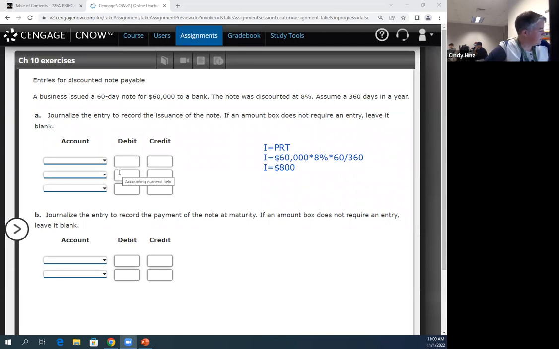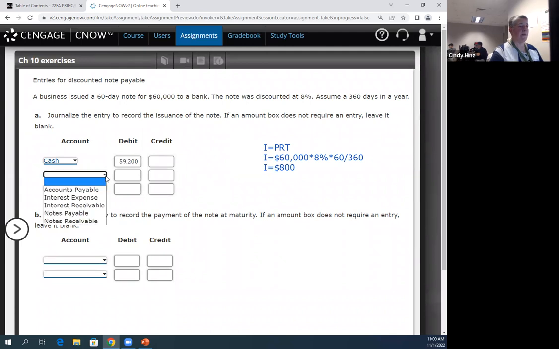I found simple interest of $800. And so by discounting the note, that means that the borrower doesn't receive the full 60,000. They receive 60,000 minus 800, or $59,200.